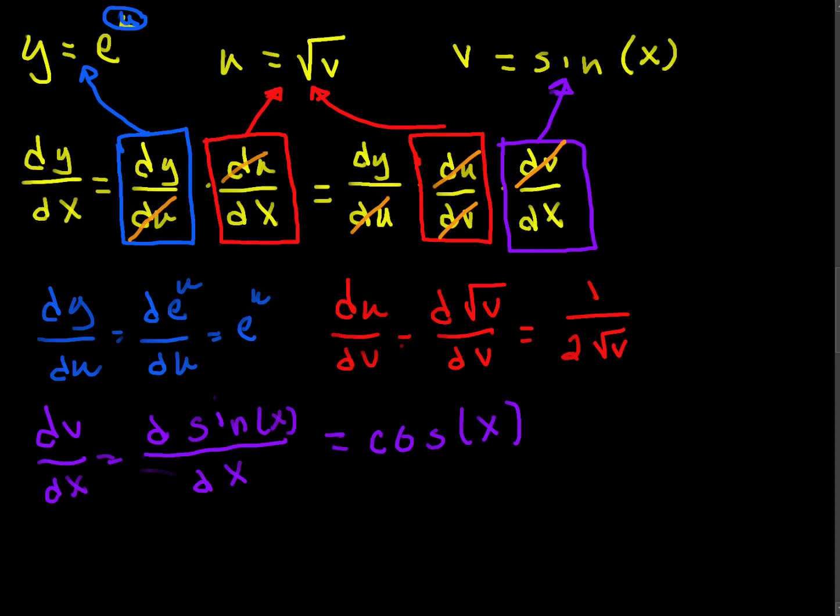So putting all the pieces together, we get that dy dx is equal to dy du, which is e to the u, times du dv, which is 1 over 2 root v, times dv dx, which is cosine of x.